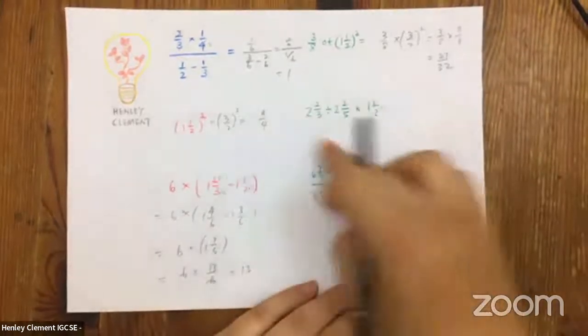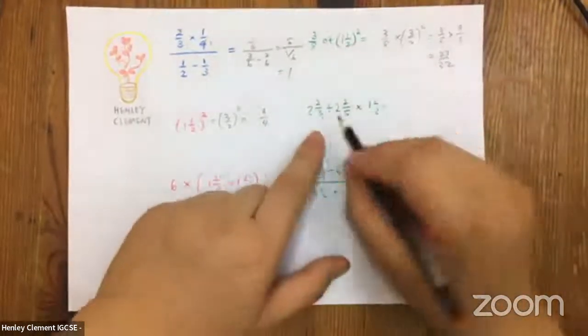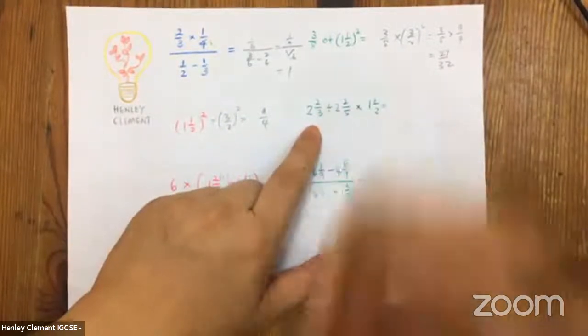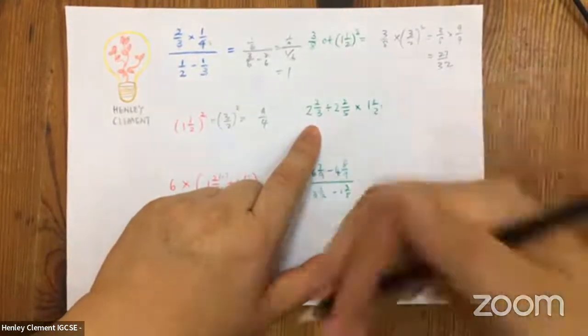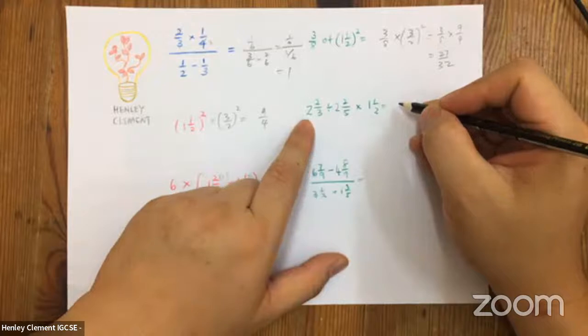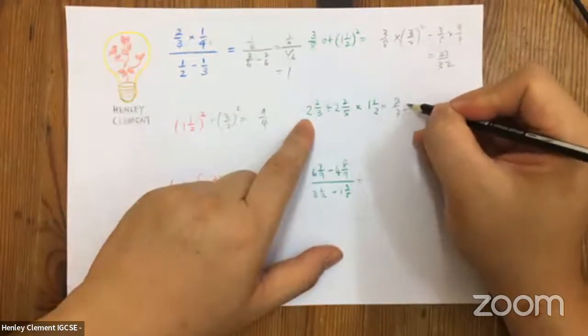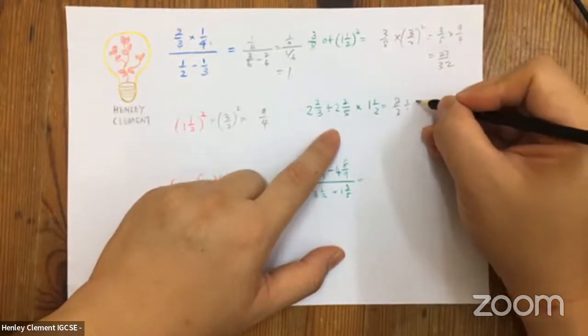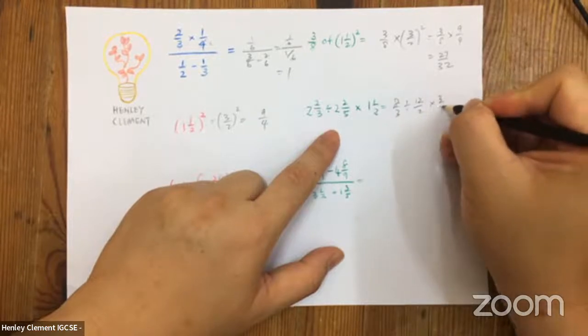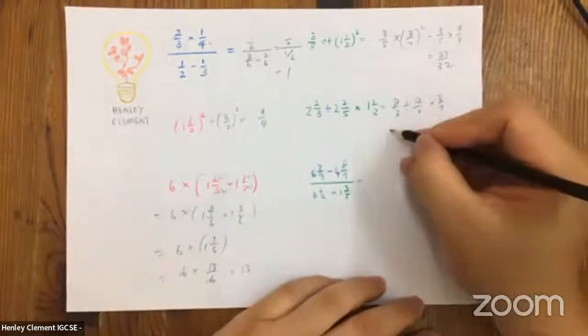Okay. For this question also, we need to solve. Okay, can you see this is division and times? So we need to change all to improper fractions. Okay, this is division, so we need to change the position.